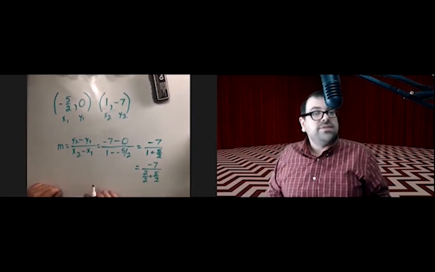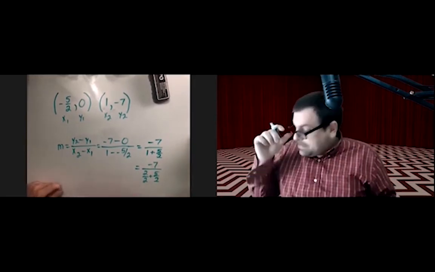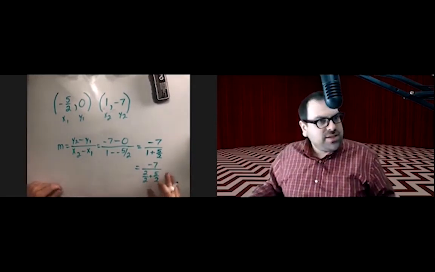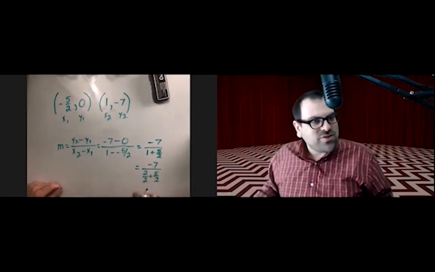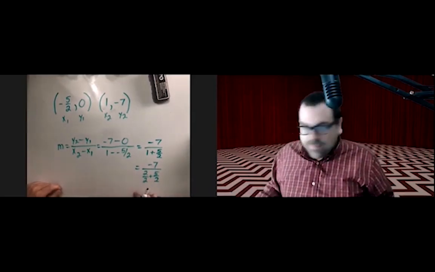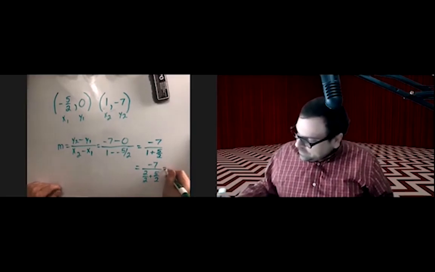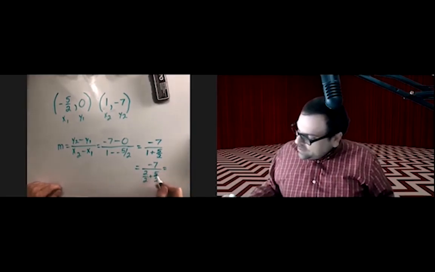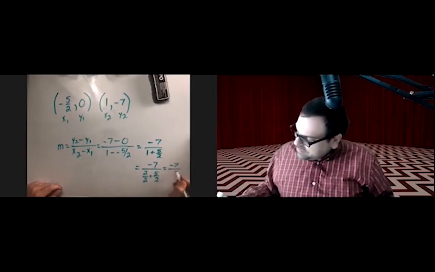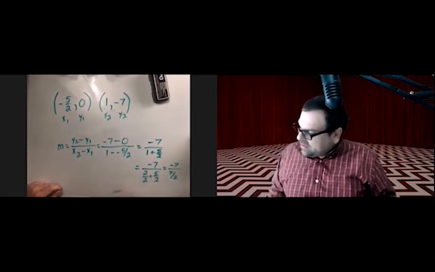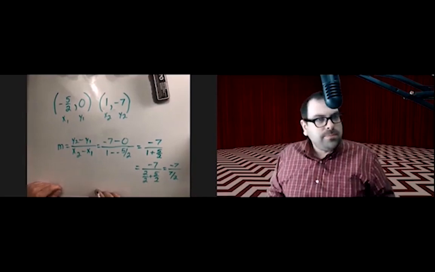And we have that -7 on top. Call this a complex fraction, fractions with other fractions inside of it. Two plus 5 is 7. So this is -7 on the top and 7/2 on the bottom.